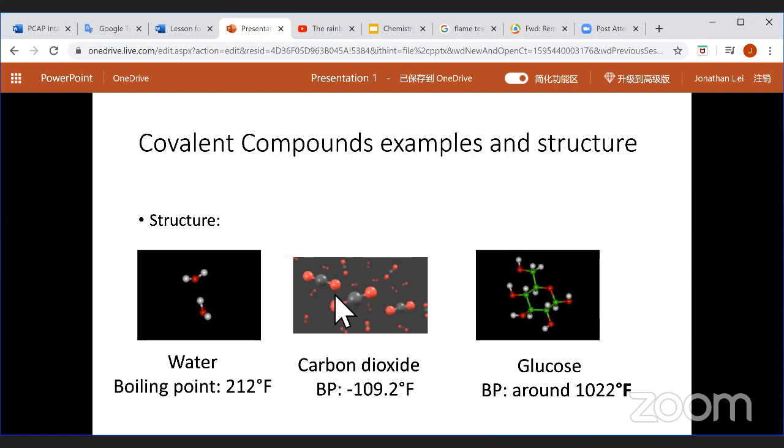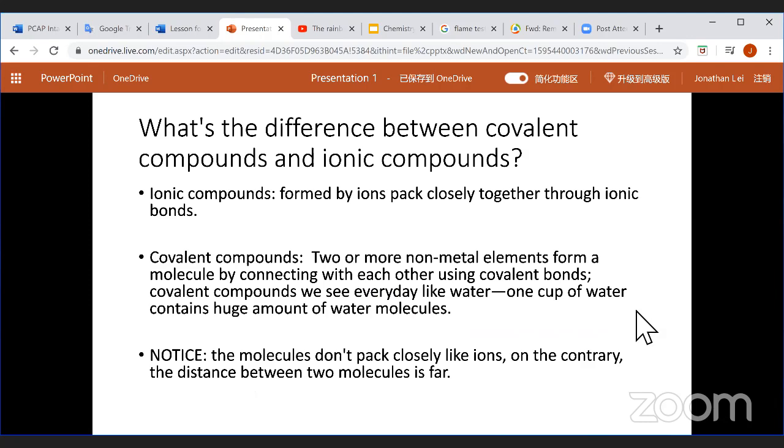So the bond right here, the bond between the two atoms, is called a covalent bond, which is why they are called covalent compounds. So what's the difference between covalent compounds and ionic compounds? Ionic compounds are formed by ions packed closely together through ionic bonds.